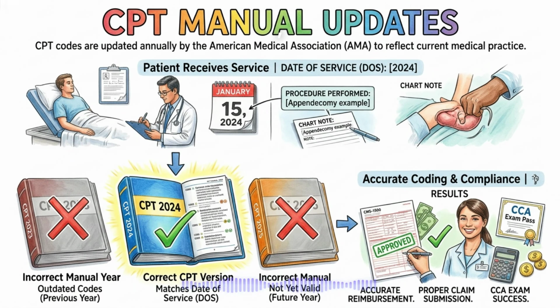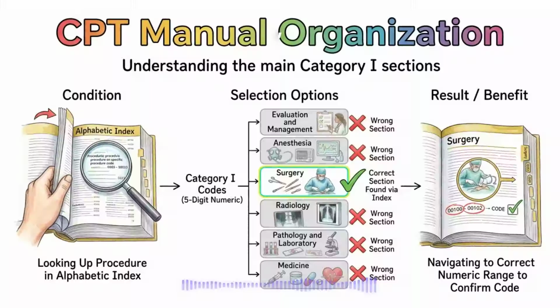As a coder, you must always use the most current version of the CPT manual for the year the patient received the service. The exam will heavily test your ability to navigate the different sections and guidelines found within this constantly evolving book.